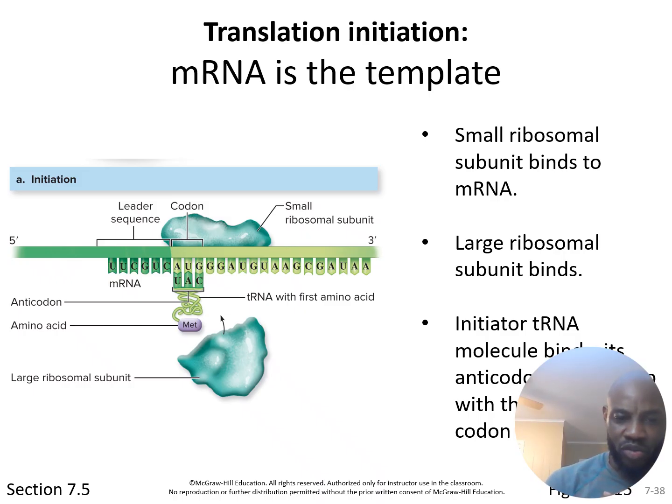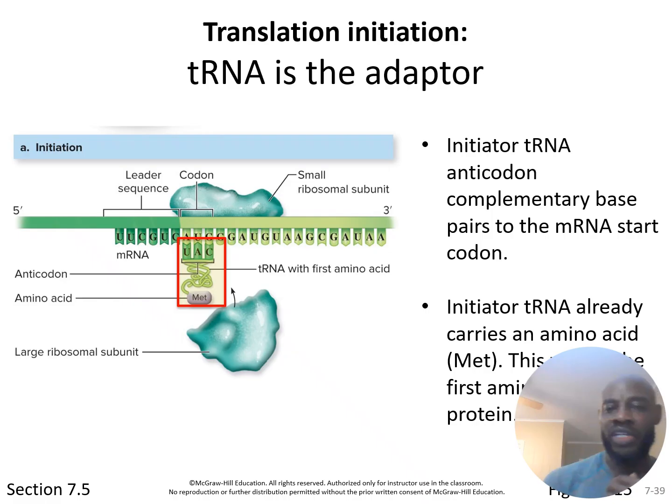The large ribosomal subunit here, we have our RNA here, right, which has our sequence, our code. The initiator tRNA anticodon complementary base pairs to the mRNA start codon.